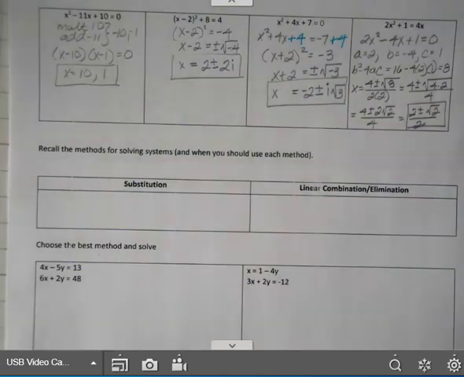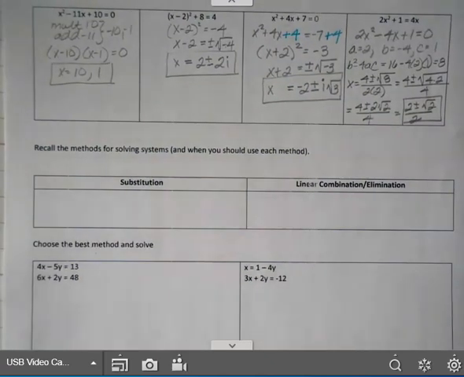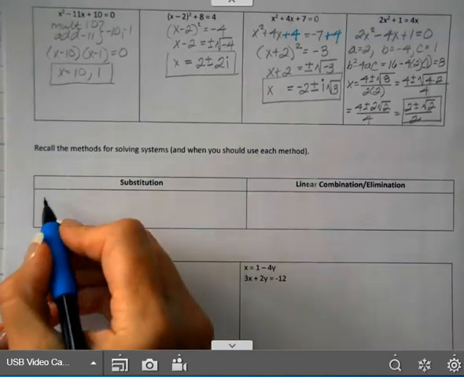That is going to be helpful as we start solving some of these below. Back from Algebra 1, you covered substitution.